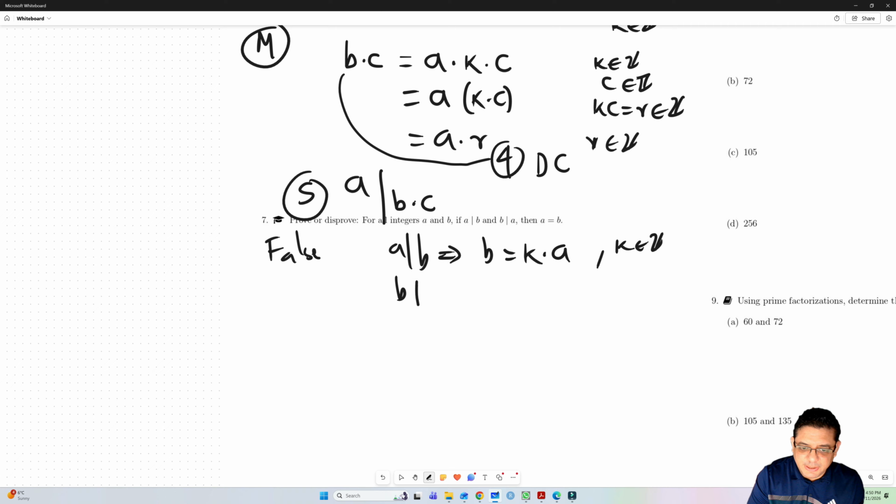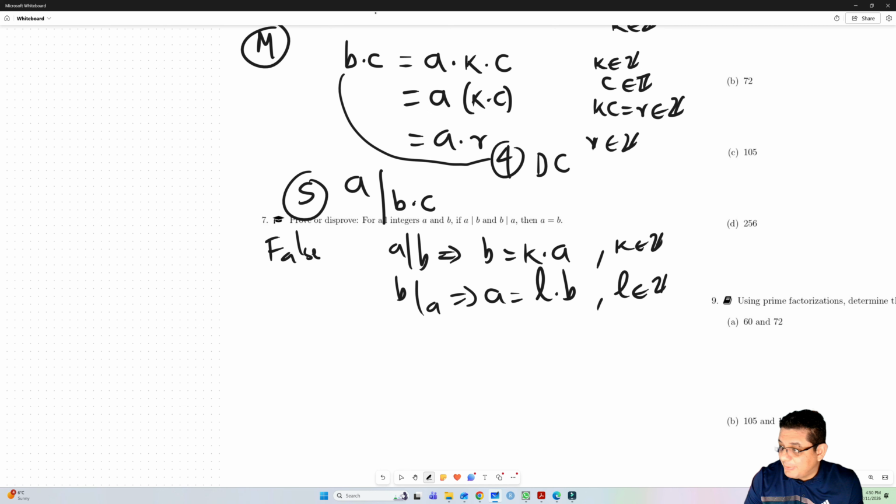And if you have that b divides a, then what you have is that a is a certain integer l times b. There's no way for the fact that they're equal to imply that k equals 1 and l equals 1 at the same time. And although that can happen, it doesn't have to.